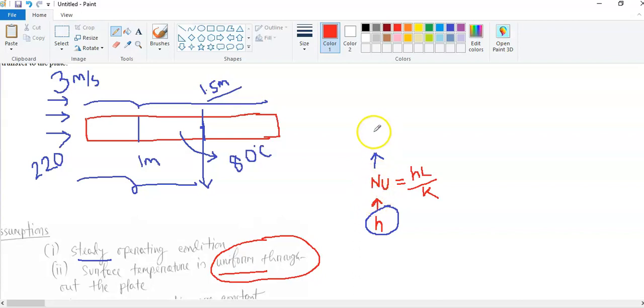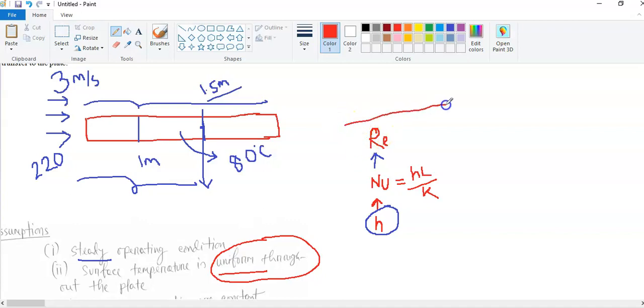So how can you do that? To do that, you need to calculate your Reynolds number. Calculate your Reynolds number and see whether it is greater than or below the critical Reynolds number and decide whether your flow is laminar or turbulent. Then you are done.